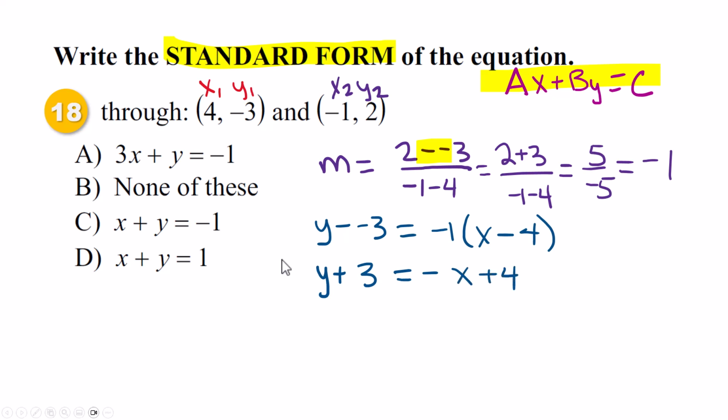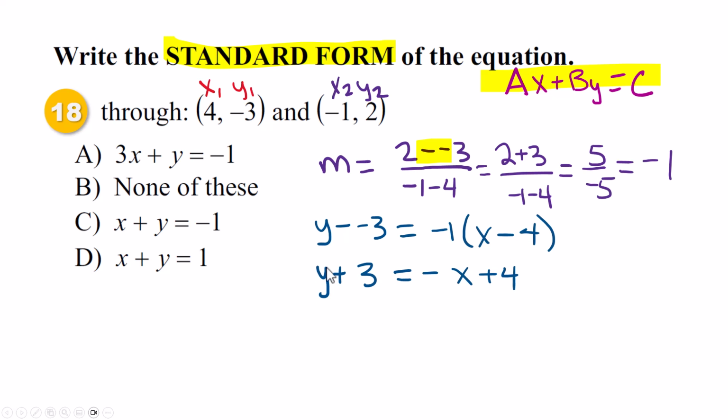So I had y minus a -3 equals -1, the slope, times x minus a positive 4. The double negatives turn into a plus, and then when I run the distributive property through on the -1, -1 times x is -1x. I just wrote -x here, and -1 times -4 is a positive 4.